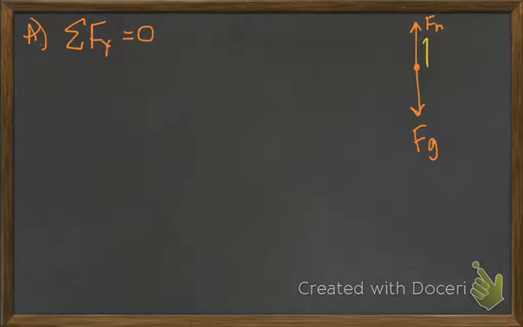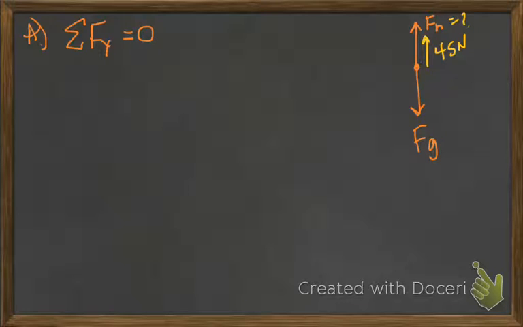What was the y component of the applied force? 45 newtons. Okay, so we're going to end up having to find the normal force. What do we have to find before we can find the normal force?